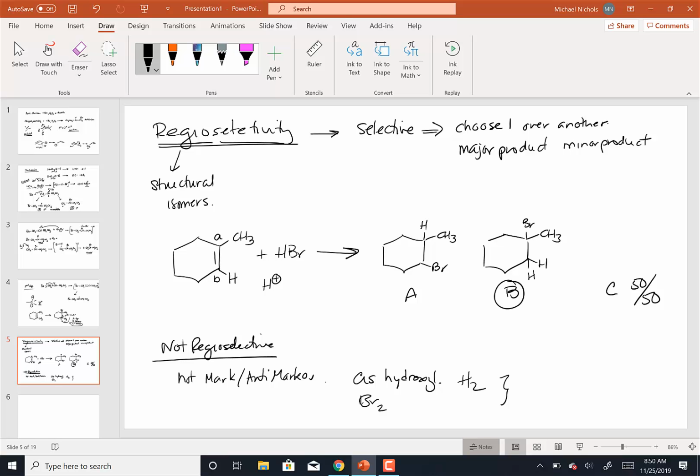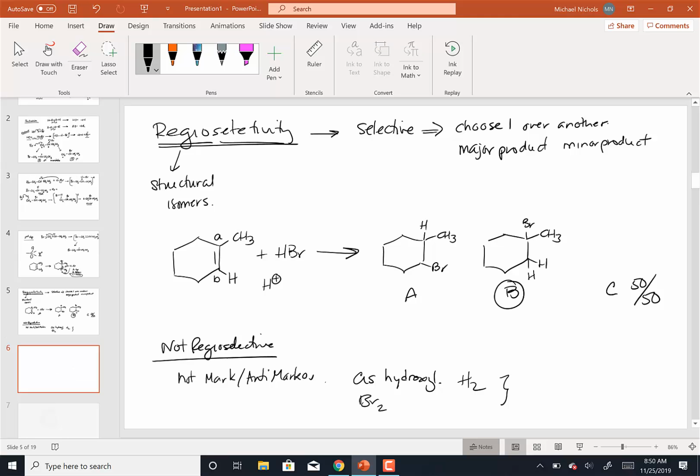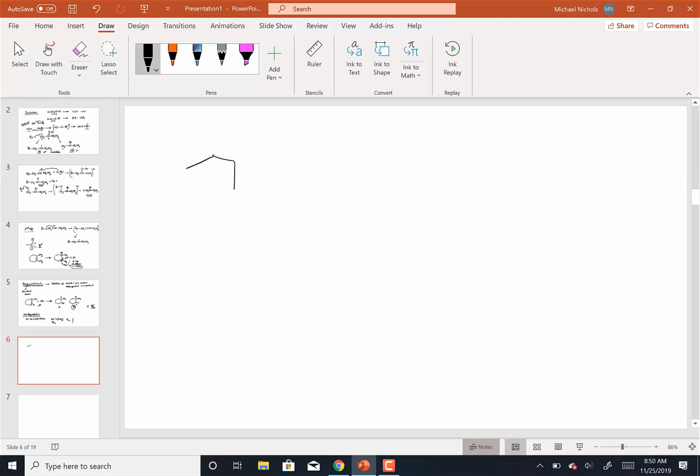And since in the end, I'm only making one possible product, I'll illustrate that like this. If I add Br2 to this, what am I adding to the double bond?